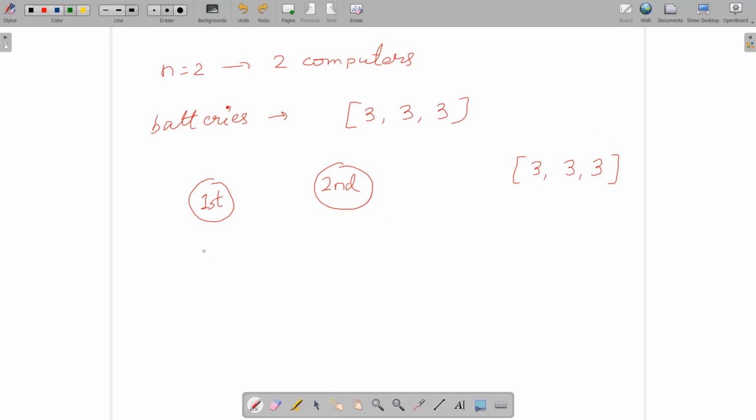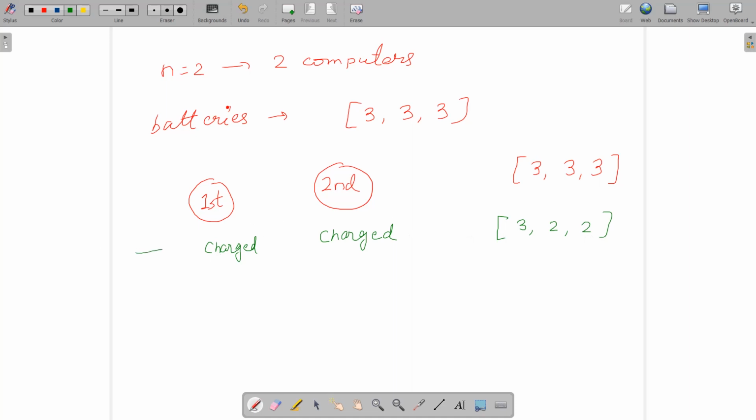Now both are charged, and the state of the batteries is 3, 2 and 2. You can see the amounts are reduced by 1 because I have used them to charge the computers.